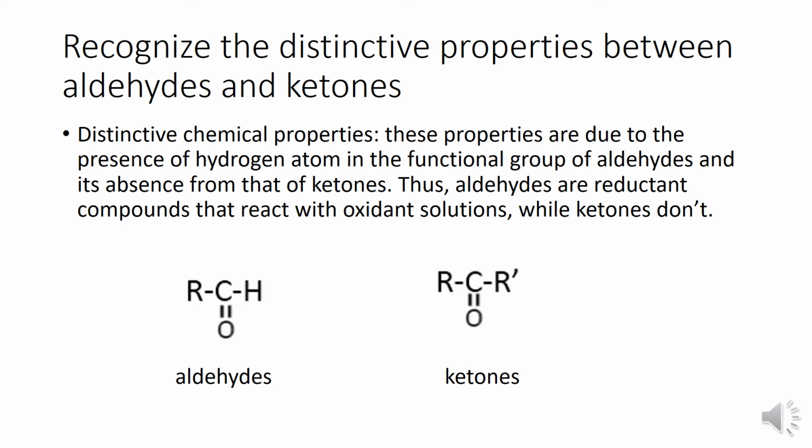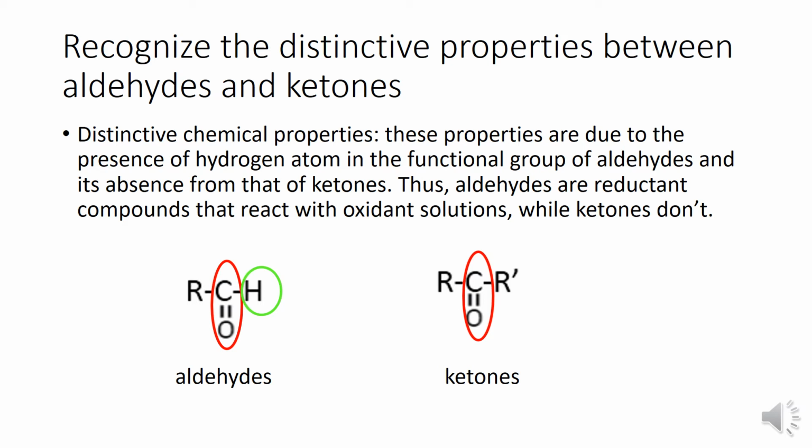Now, what are the distinctive chemical properties? Here, these properties are due to the presence of a hydrogen atom in the functional group of aldehydes and its absence from that of ketones.